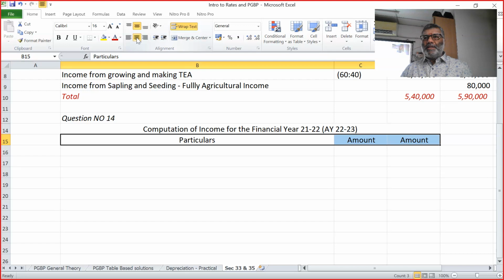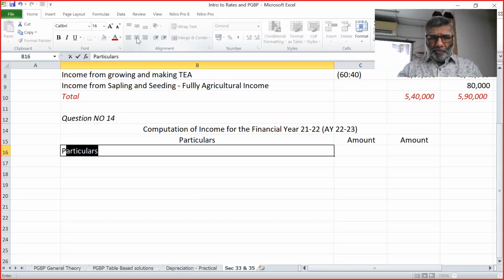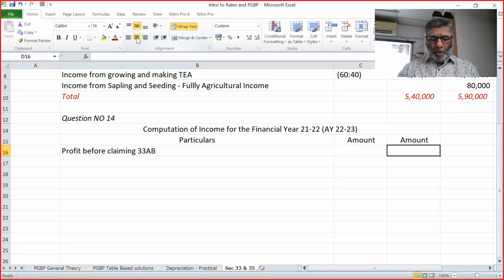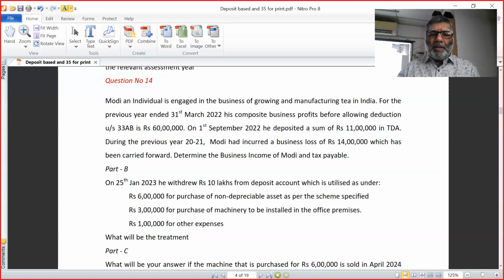This will to a larger extent clarify the doubts of when 33AB applies, when the loss has to be set off, etc. Profit before claiming 33AB is 60 lakhs.